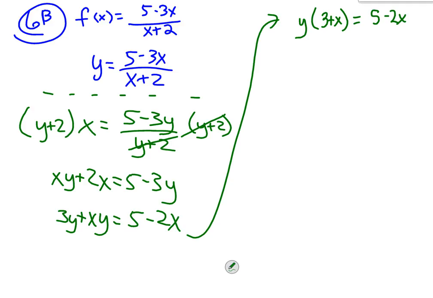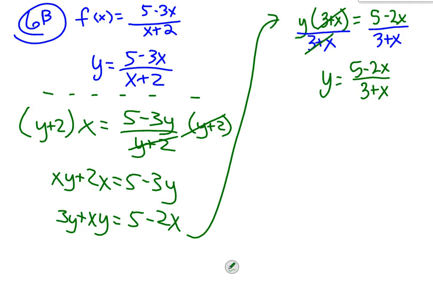Then I want to get y alone, so now I'm going to divide by 3 plus x, or x plus 3. It doesn't really matter. And then those will cancel. I'll get y equals (5 minus 2x) over (3 plus x), or x plus 3. Either way is fine. And then this is f inverse of x equals (5 minus 2x) over (3 plus x).